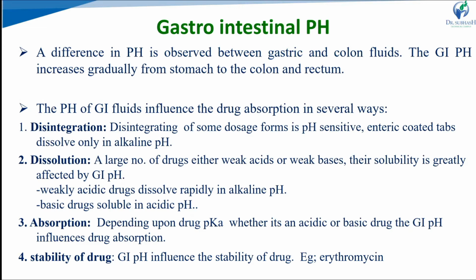Some dosage forms are pH sensitive. For example, enteric-coated tablets dissolve only at alkaline pH. Enteric coating polymers specifically dissolve at a specific, alkaline pH. So that is how pH influences drug absorption.